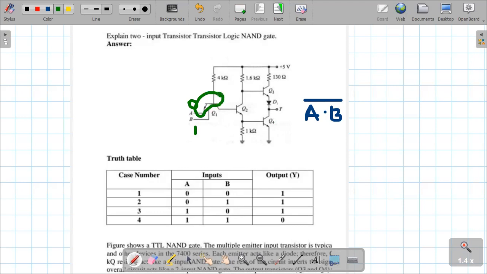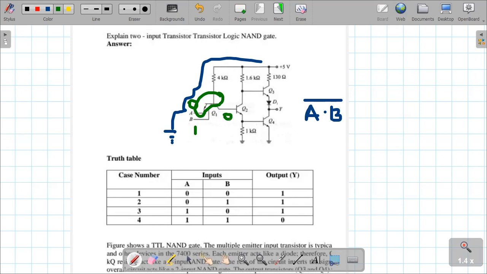Which bias? Forward bias. And therefore entire voltage will flow towards ground through point A. And therefore collector of Q1 will be 0.